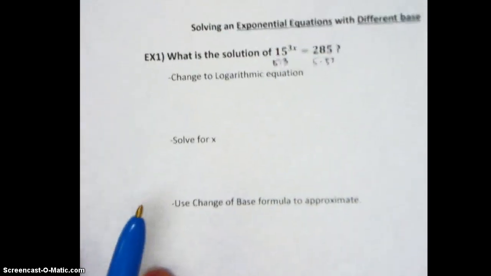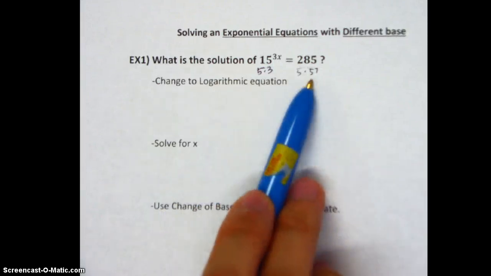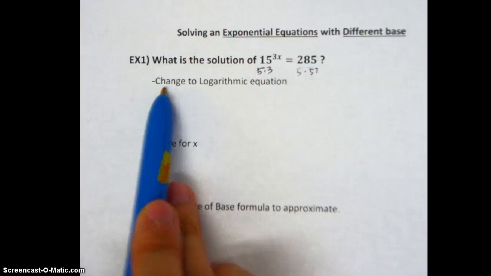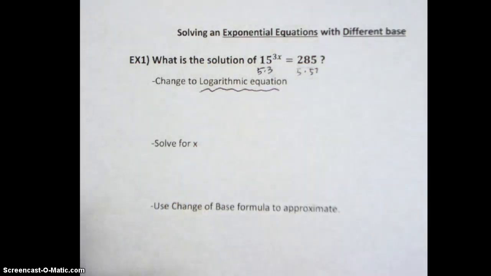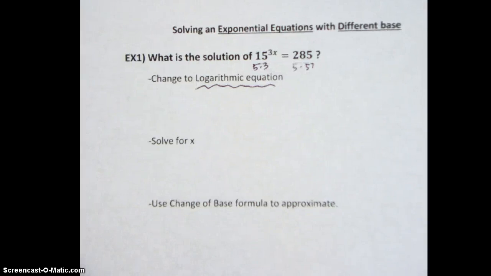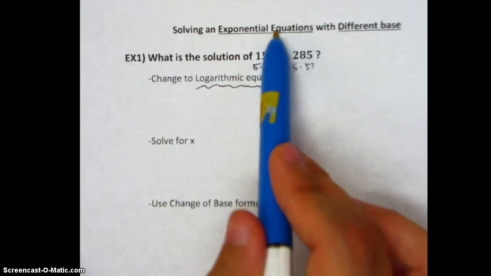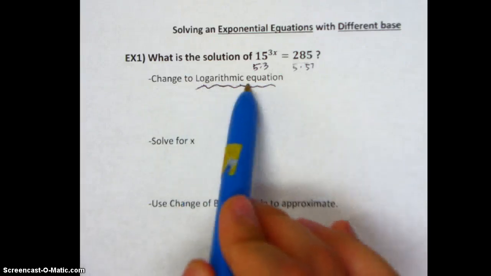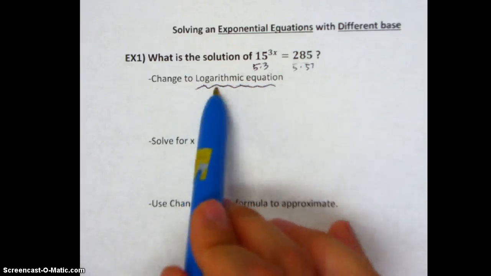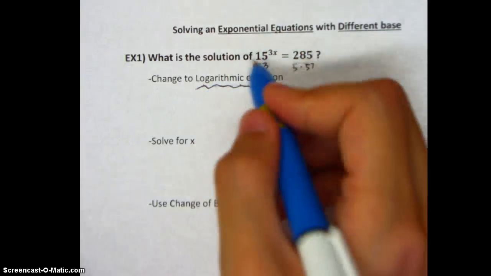So these are different cases. Because I cannot find any common base, I'm just gonna change that into a logarithmic equation. The basic rule for solving exponential equations, unless you can simplify and find the common base, is to change that to a logarithmic equation. When you're solving a logarithmic equation, unless you can simplify, you want to change that to an exponential equation. So let's convert that to a logarithmic equation.